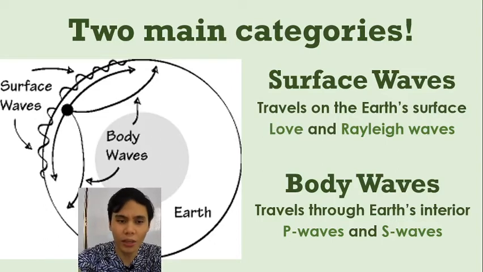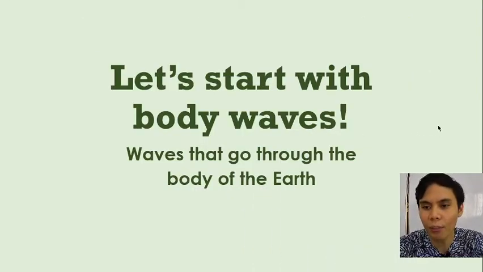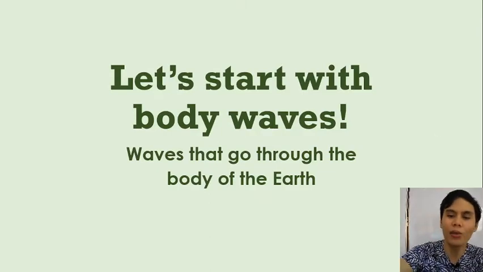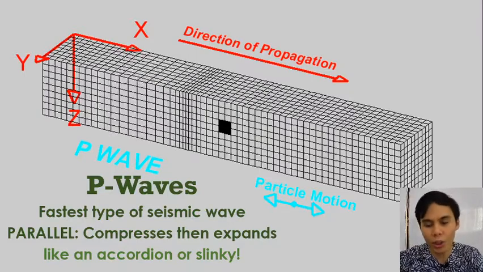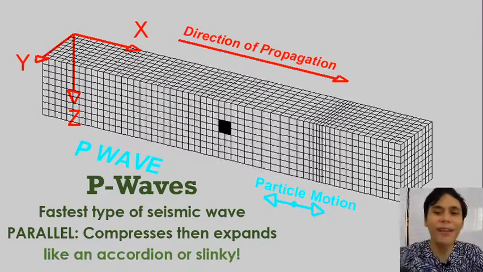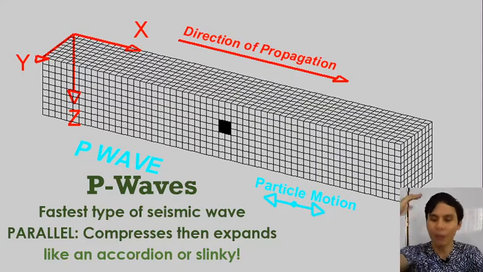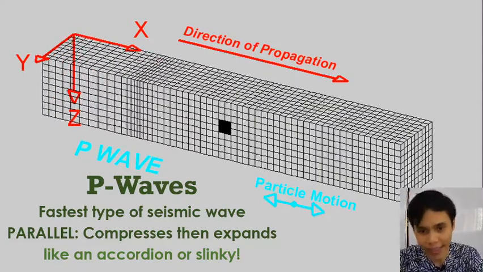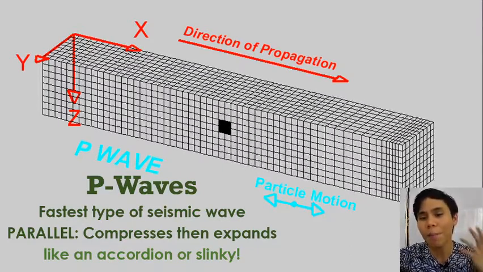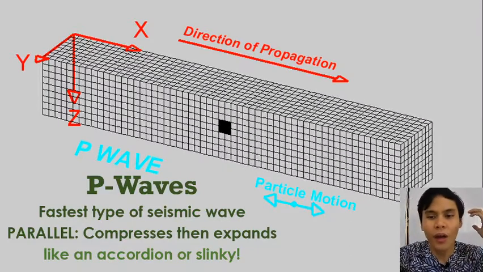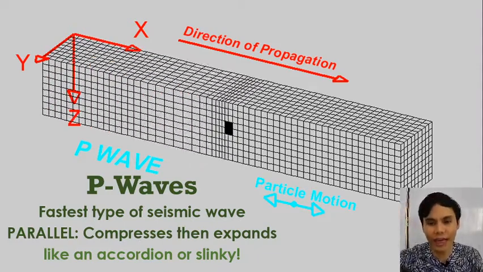Let's start with the body waves, which are waves that go through the body of the Earth. We have two types, P wave and S wave. The first, the P wave, also known as the primary wave, is the fastest type of seismic wave. That's why it's called the primary wave, because it's the first thing that seismographs detect. P waves are also responsible for the parallel movement of matter as it travels. By parallel, we mean same direction.